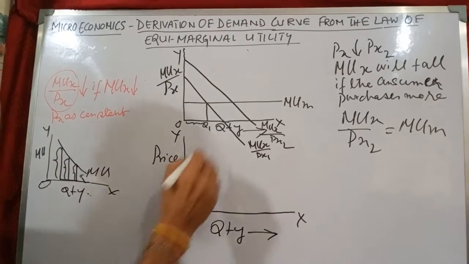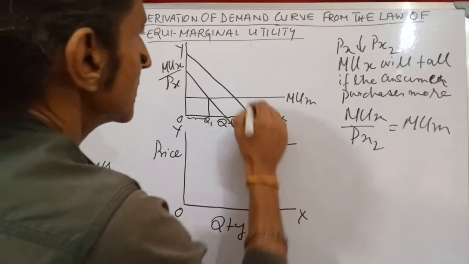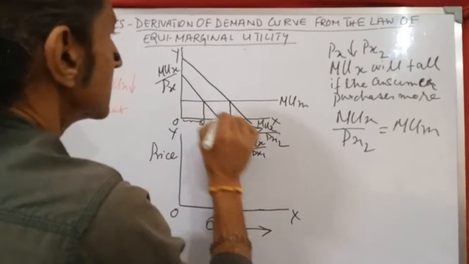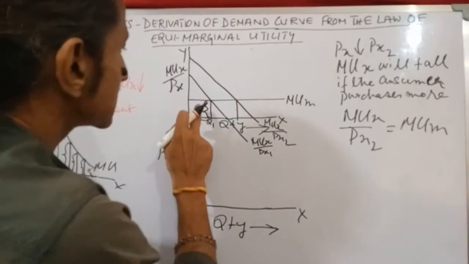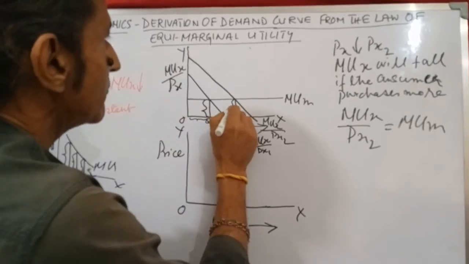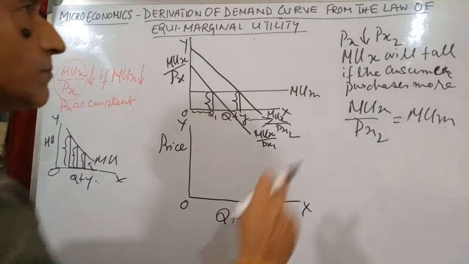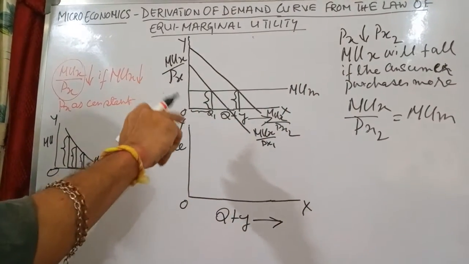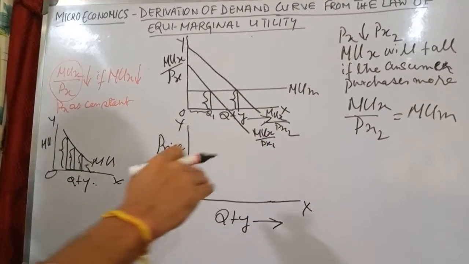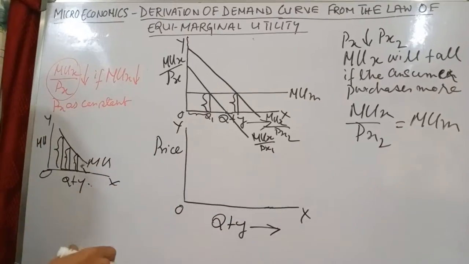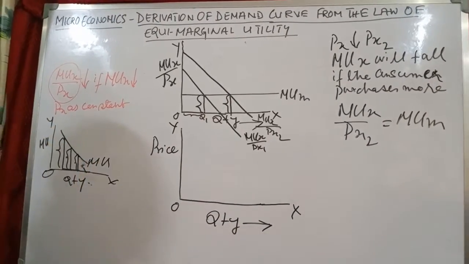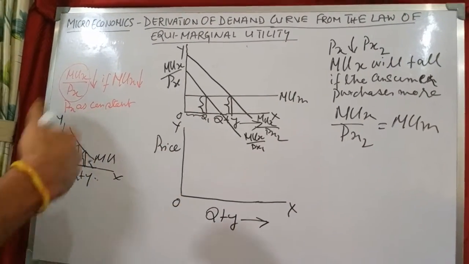That is, MUx by Px1 and MUx by Px2 will be equal, because when price of x falls from Px1 to Px2, the consumer purchases more of x. At the same time, price of x falls, so MUx falls and price of x falls.